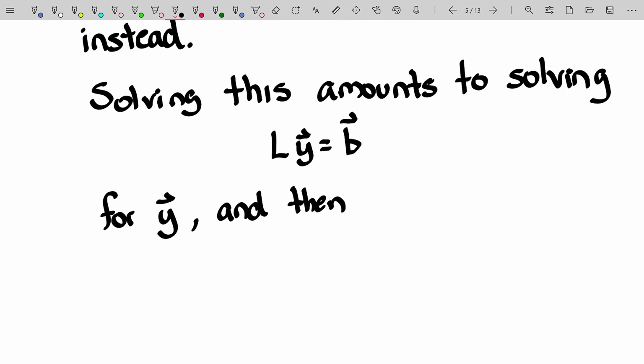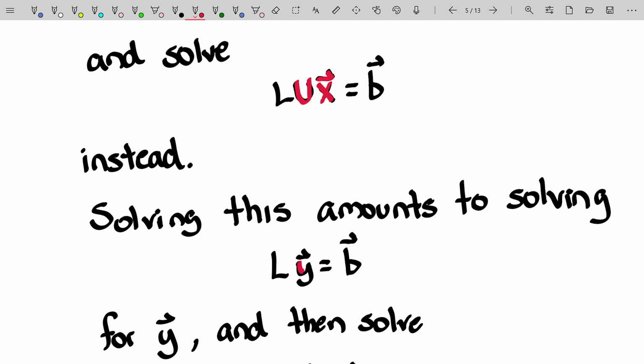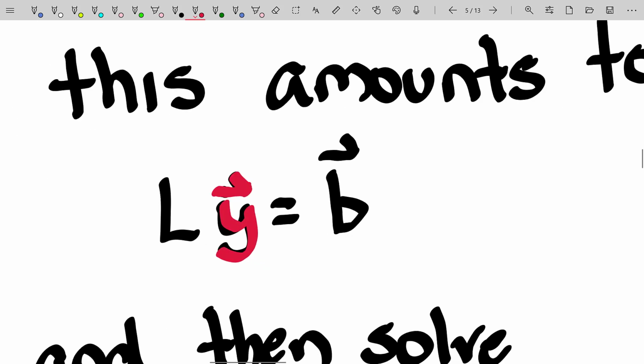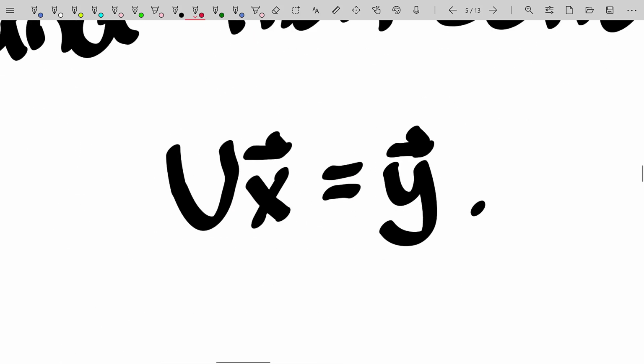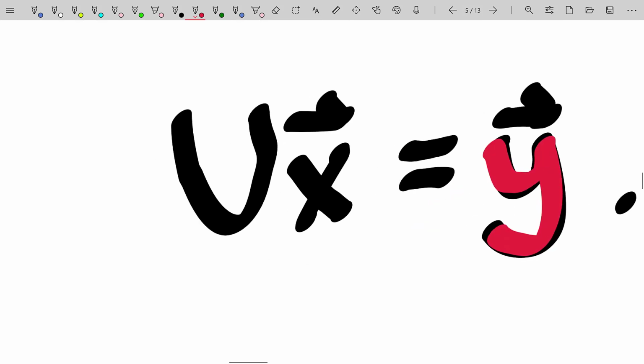So after we find out what y is, we'll solve Ux = y, because remember, Ux actually is the same thing as y. We just traded out Ux for y to simplify our statement, but really solving this equation for y and then saying, okay, well now let's solve this equation with our newfound y there on the right-hand side, and we can solve this for x.